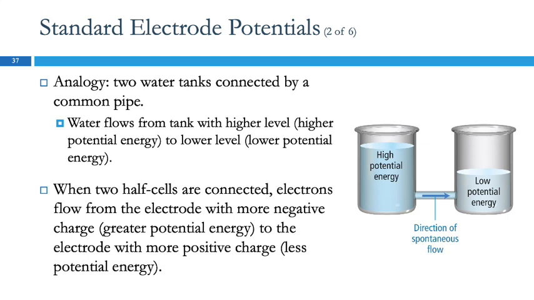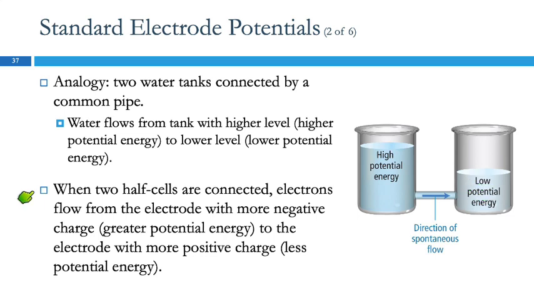And here's the picture with the water tanks again. So here, this water is higher, it has a higher potential energy, it's elevated above the level of the water in the other tank. So the water is going to move from high potential energy to low potential energy.